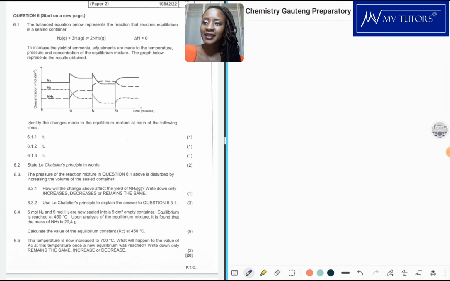But let us begin and let's see what happens to produce more ammonia. Okay, so 6.1.1, it says identify the changes made to the equilibrium mixture at each of the following times. So at T1, we can see that there's a sharp increase of nitrogen gas. And as a result, over time, gradually you see an increase in ammonia, which is what we want, right? If you increase the concentration of nitrogen, think about the seesaw example.